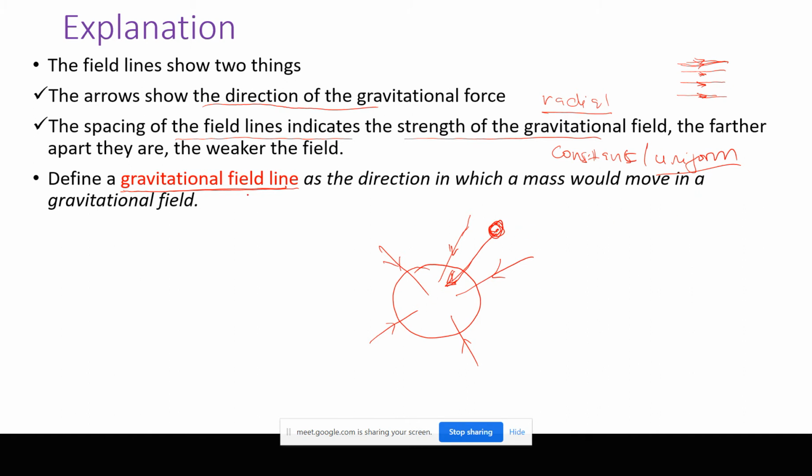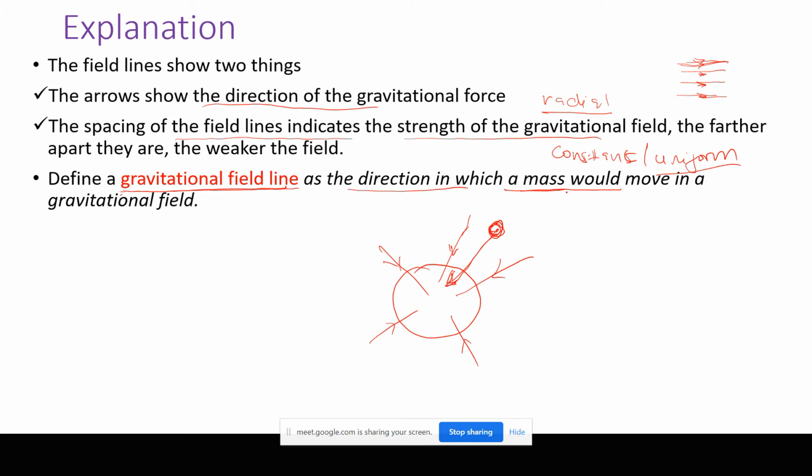A gravitational field line is going to represent the direction in which a mass would move in a given gravitational field. We are also going to define an electric field line. We shall later on define a magnetic field line. Since we are defining a gravitational field line, then we must be referring to a mass.